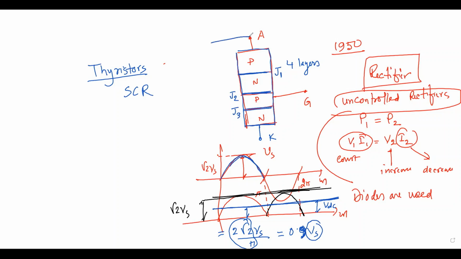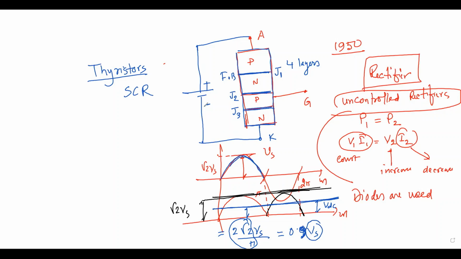If we think of it just like anode to cathode, if we make it forward biased here, what will be the biasing condition of this junction J1? J1 will be forward biased. Okay. What will be the condition of J3?